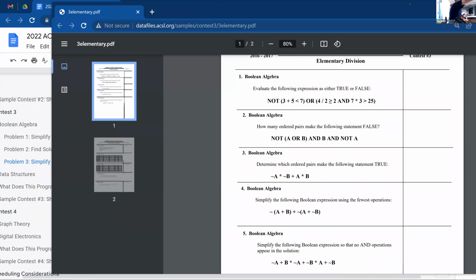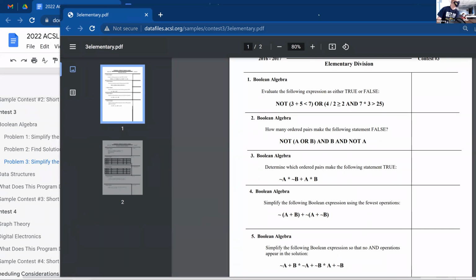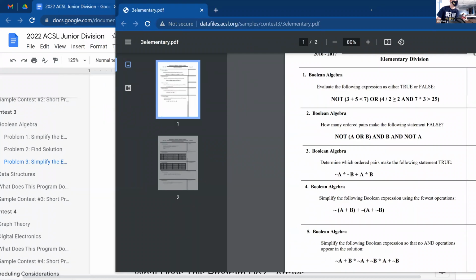So these are all the problems. It's already there. What I want to do is put up those laws. What does it mean by ordered pair? Ordered pair means AB values. Here you have AB, 2 variables, false. Right?